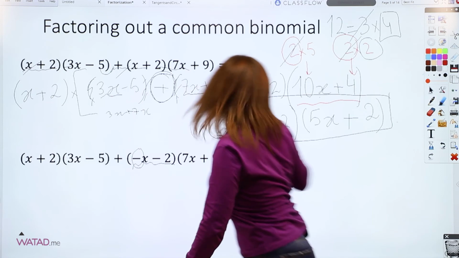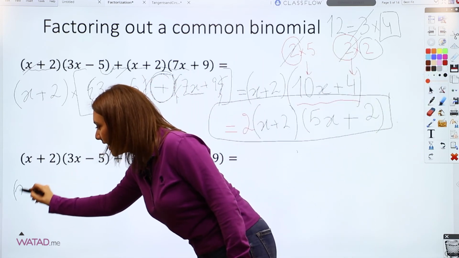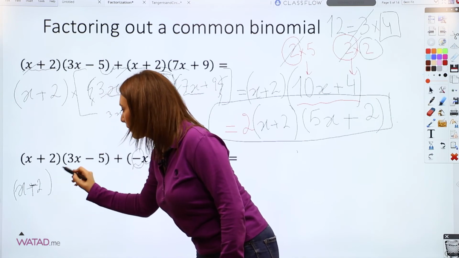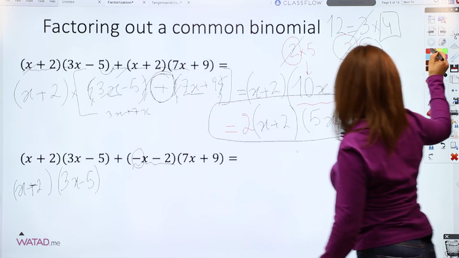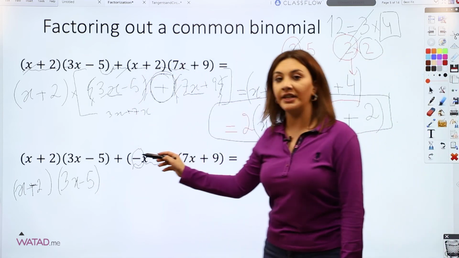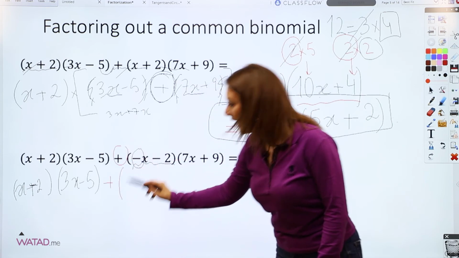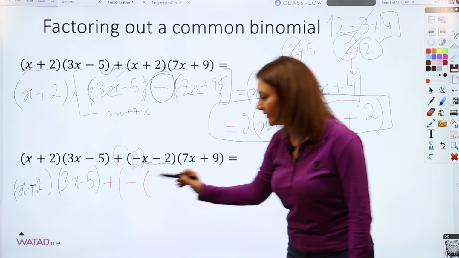So, let me first rewrite it. The first product stays the same, x plus 2 into 3x minus 5. Now, I will take out the negative sign. So this is plus into. I will take out the minus outside, minus parentheses.